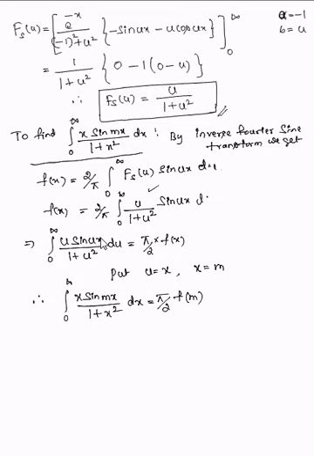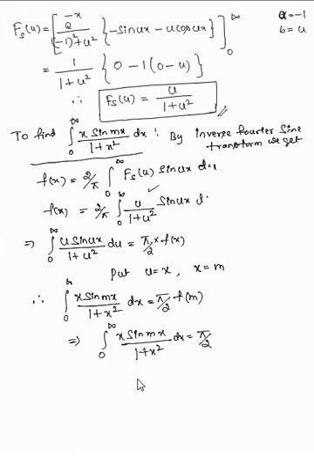So this implies the integral from 0 to infinity of x into sine mx divided by 1 plus x square into dx is equal to pi by 2 into f of m.